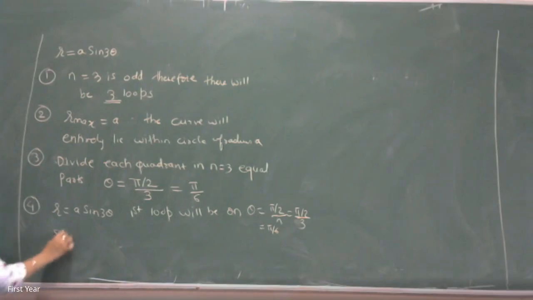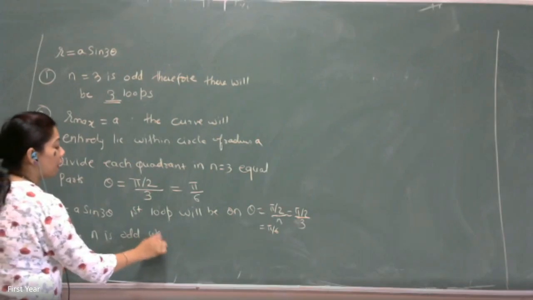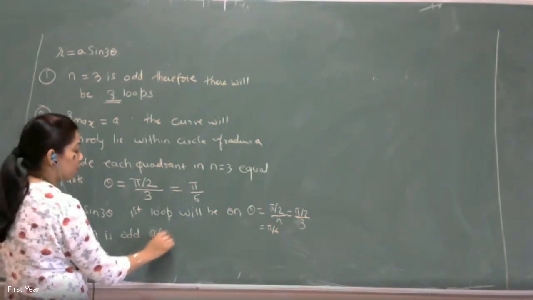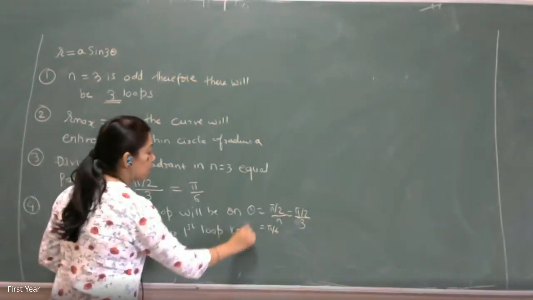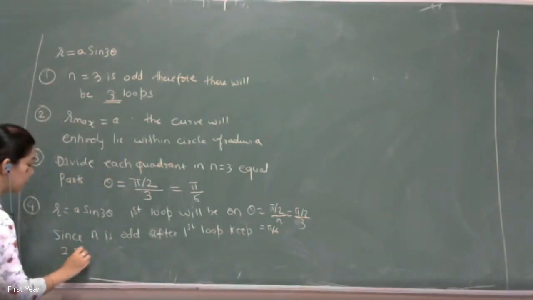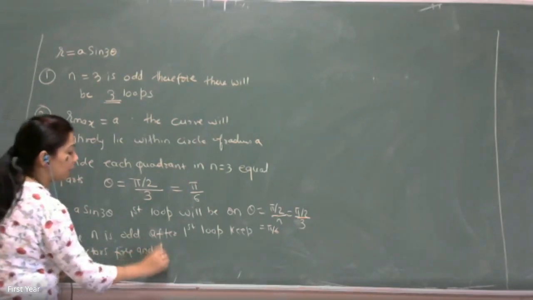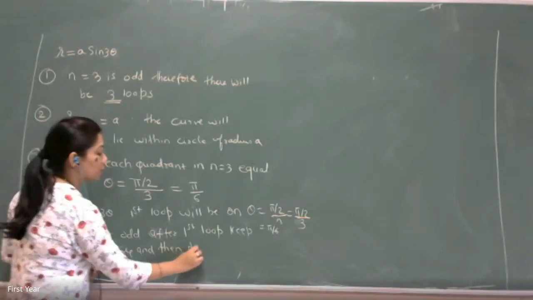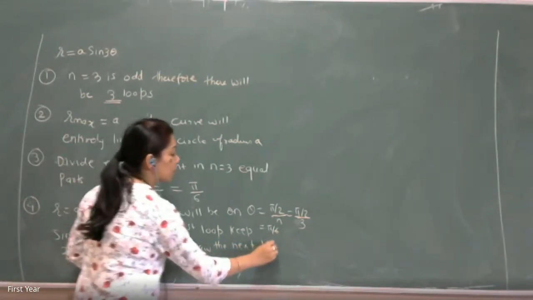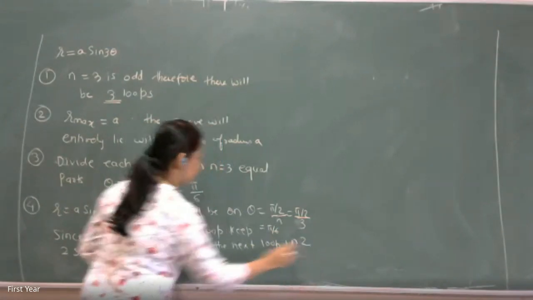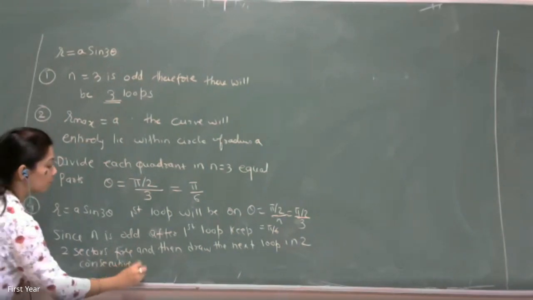Then since n is odd, after the first loop, keep 2 sectors free and then draw the next loop in 2 consecutive sectors.